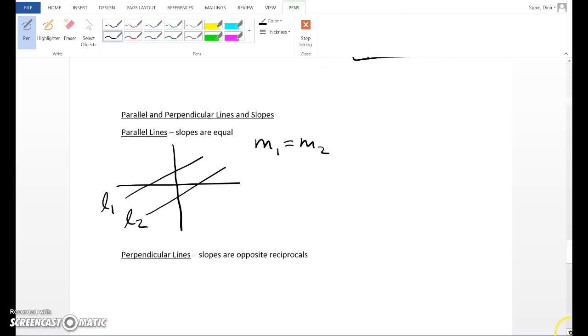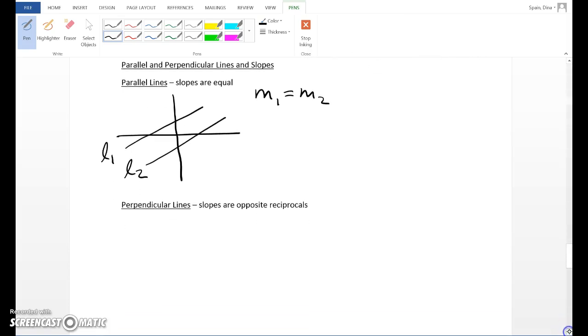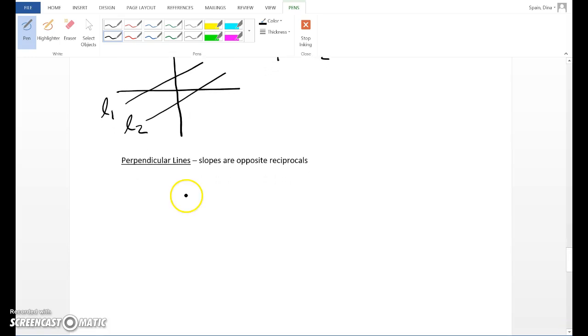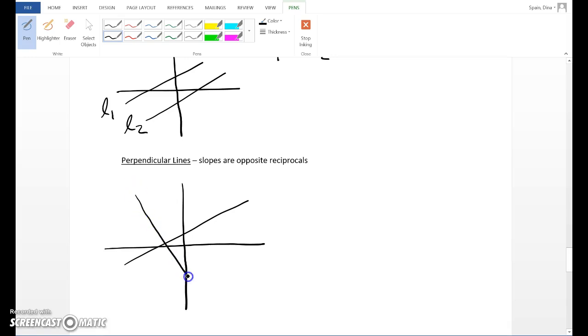Now for perpendicular, it says these slopes are opposite reciprocals. Let me draw a picture. Besides vertical and horizontal lines, these are non-vertical or non-horizontal lines. Perpendicular. There you go. Alright, L1 and L2 here are drawn perpendicular. They intersect at a right angle.